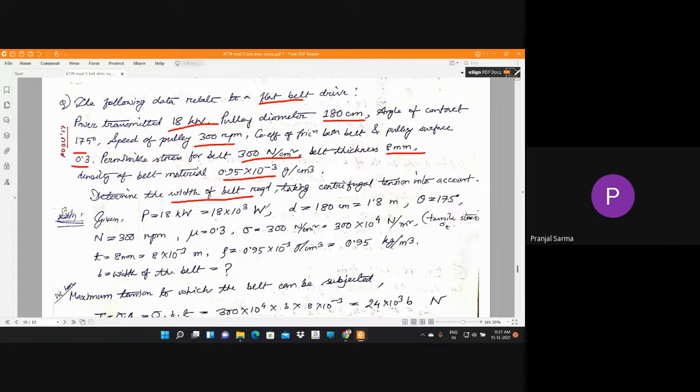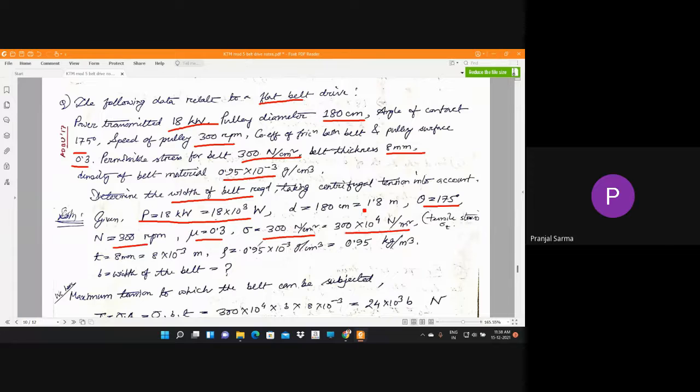So first, whatever is given, I will write down. Power transmitted P equal to 18 kilowatt, so 18 into 10 to the 3 watt. Diameter D 180 centimeter, which in meters becomes 1.8 meter. Theta, the angle of contact, is 175 degree. n is 300 rpm, mu is 0.3, and the permissible stress sigma is 300 newton per centimeter square, in SI units 300 into 10 to the 4 newton per meter square.